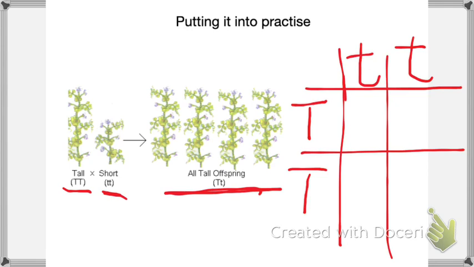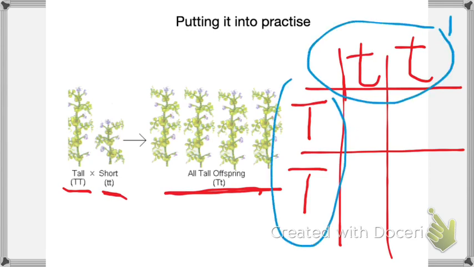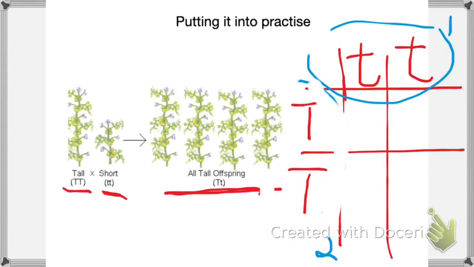This allele here was from one parent, and these alleles here were from another parent. So parent 1, parent 2. All right? Good. So let's go back now to our crossing.